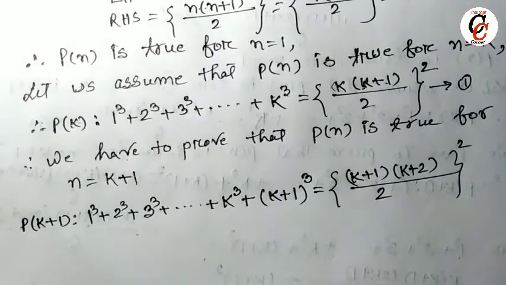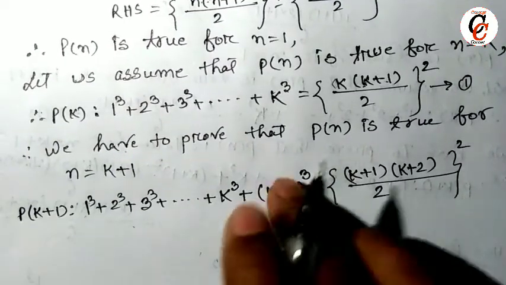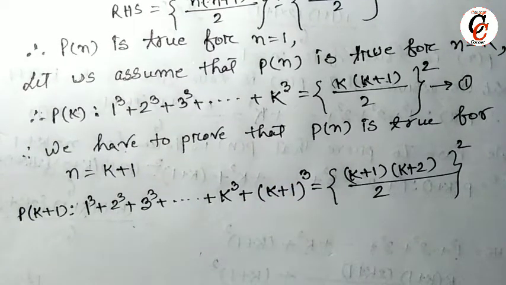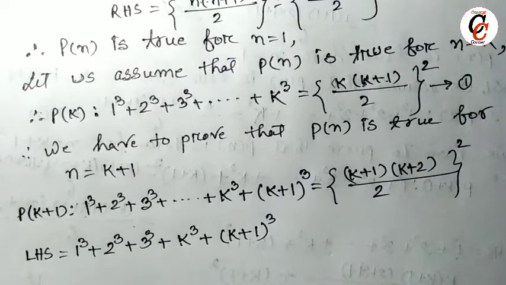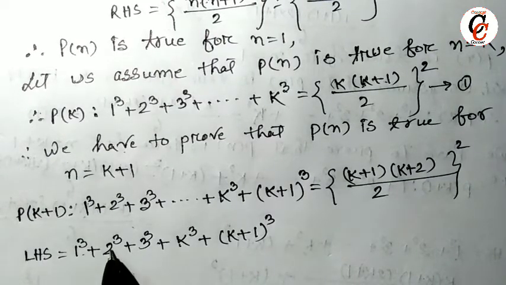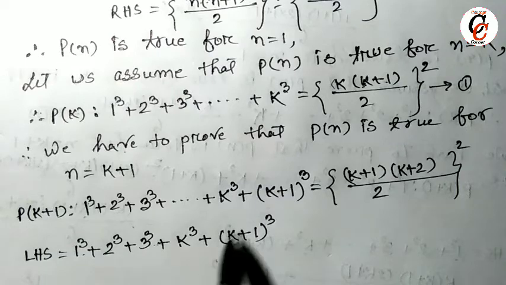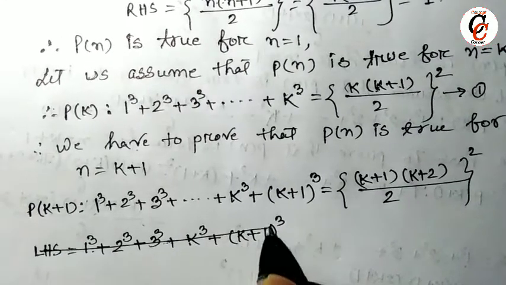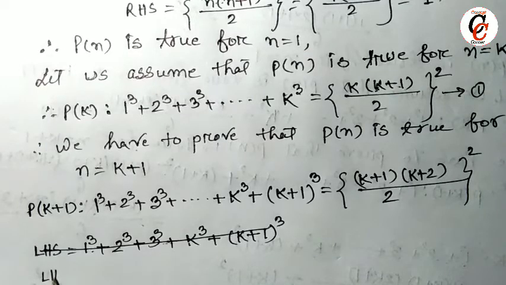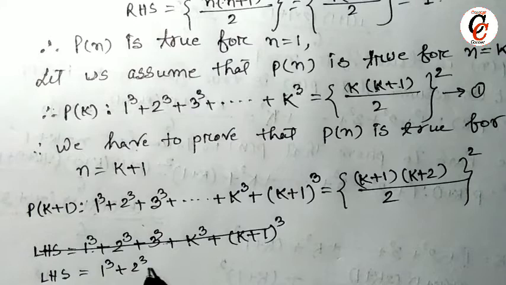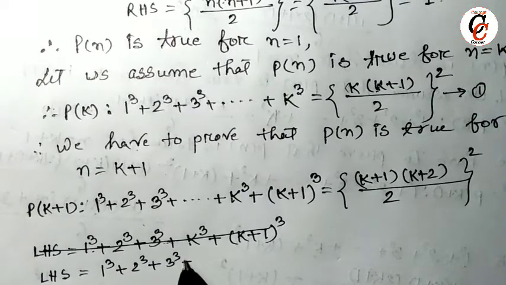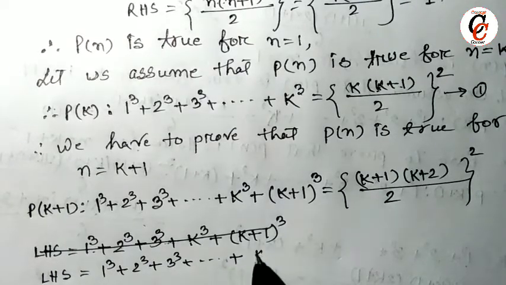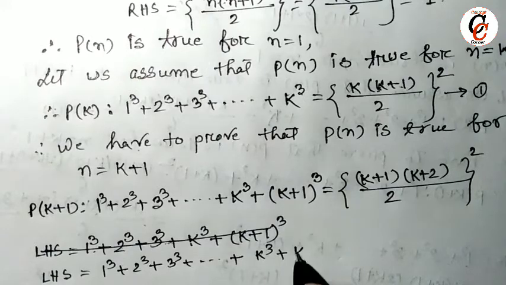We have to prove this one. So to prove this one, we have to take the left hand side of this equation. So taking the left hand side, the left hand side is 1 cube plus 2 cube plus 3 cube plus dot dot k cube plus k plus 1 whole cube.